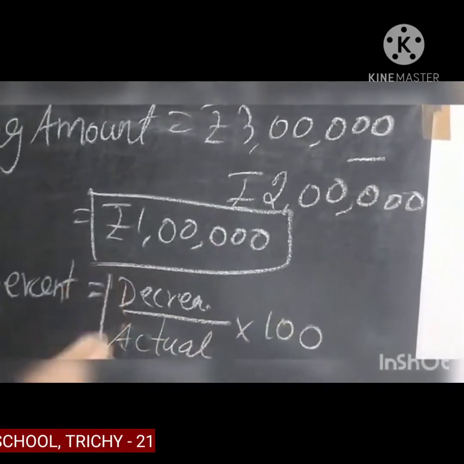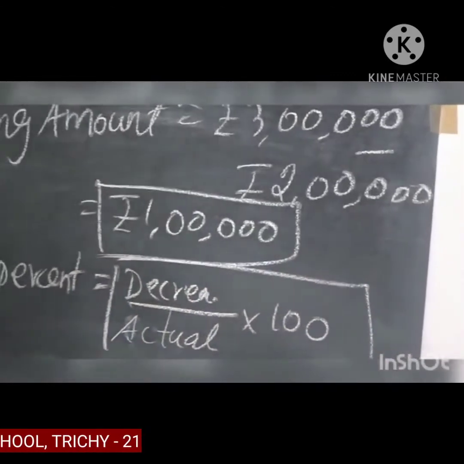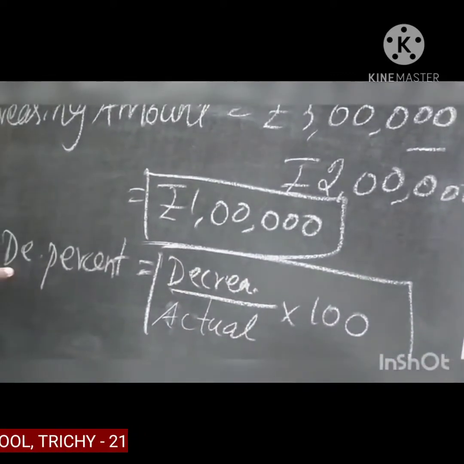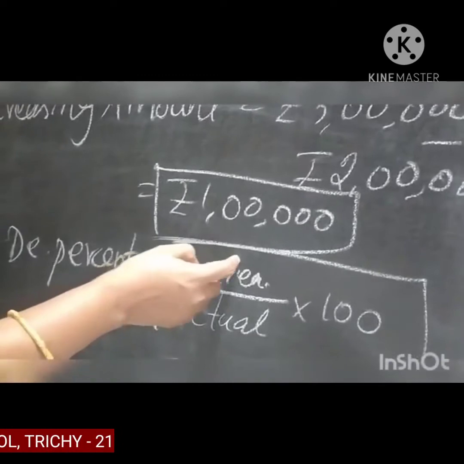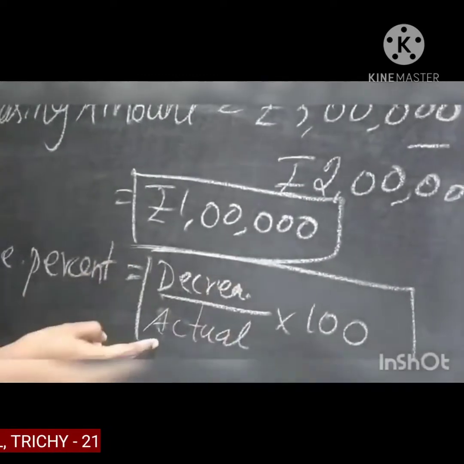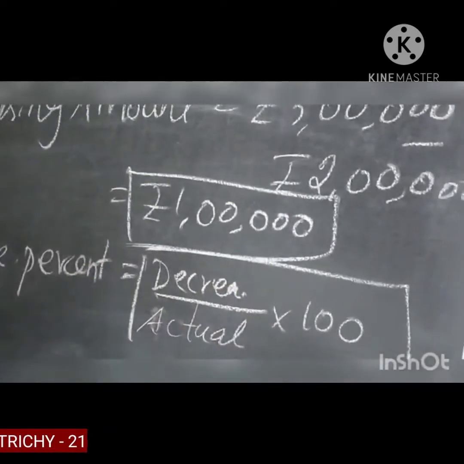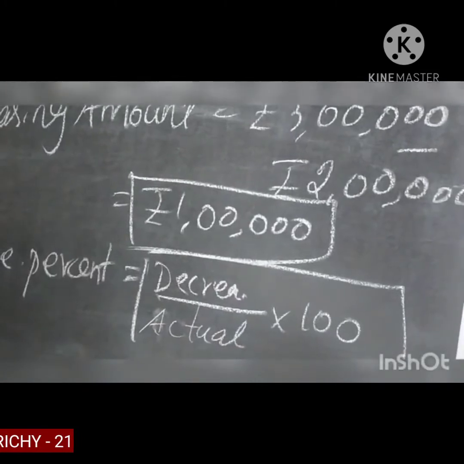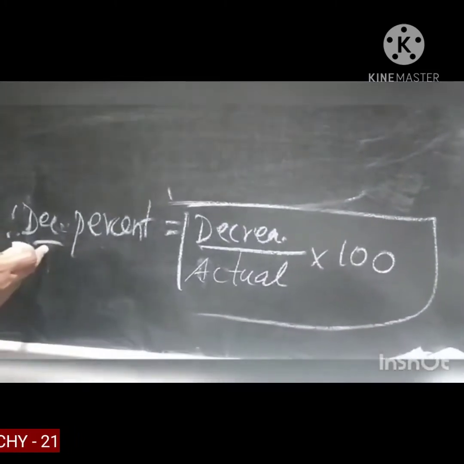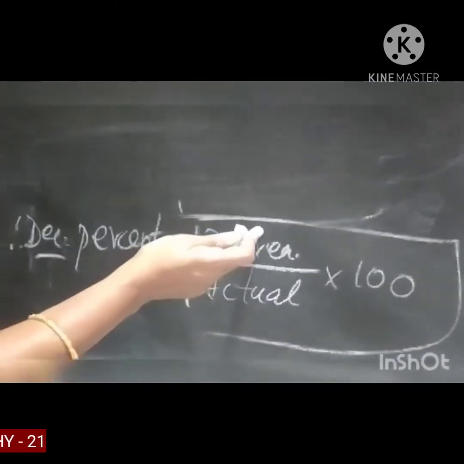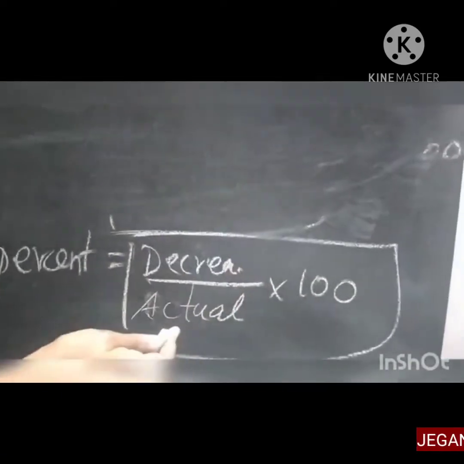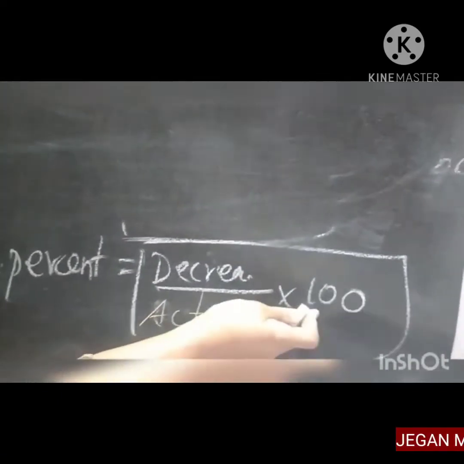This is the formula for decreasing percentage. So decrease percentage formula is decreasing amount divided by actual into 100. You have to calculate this one.